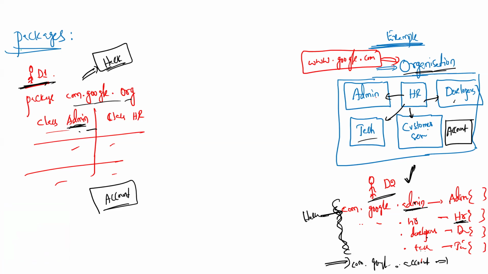So the package system comes, and there is one more important point. For example, in the admin class a method yum is there. Can we have method yum in the HR class also? Yes. In developers also, and here also. But if you write everything in one single package, can we have the same method in multiple classes?